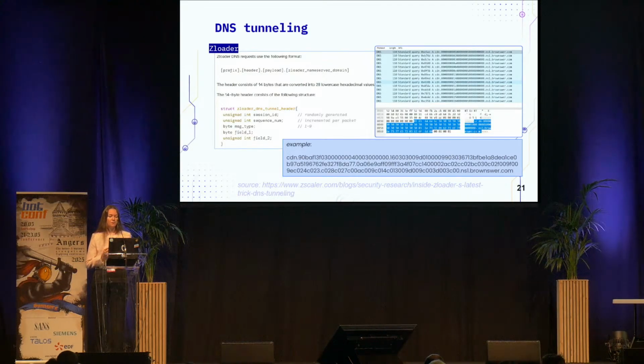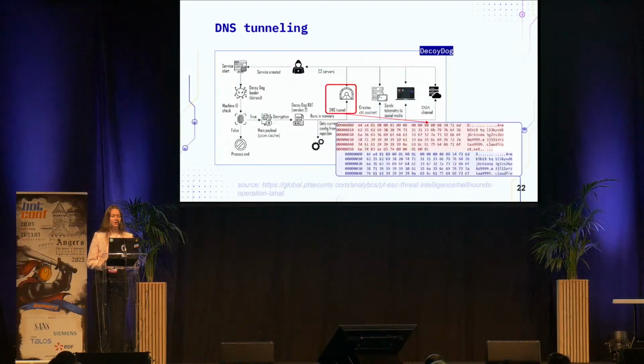For example, there are a prefix, header, payload, and the loader name server domain. If we check using some repetition lists, they can change it. But if we try to find this using lengths between subdomains, it helps to find different variants of the loader, not only this one. We see here that the length of some subdomains is the same. So it's one example of how we can detect it.